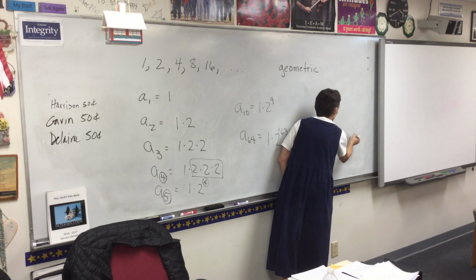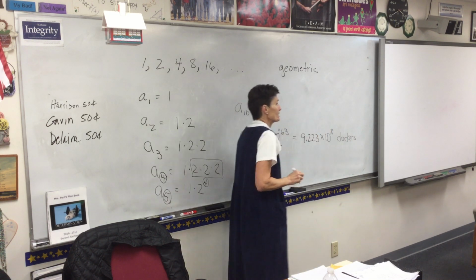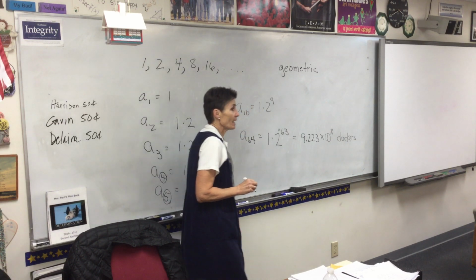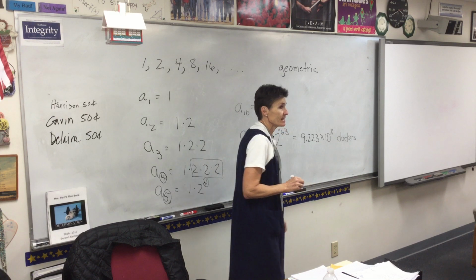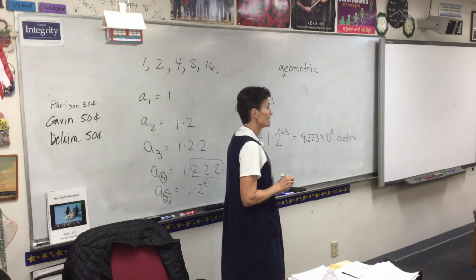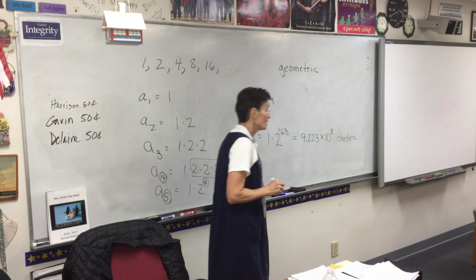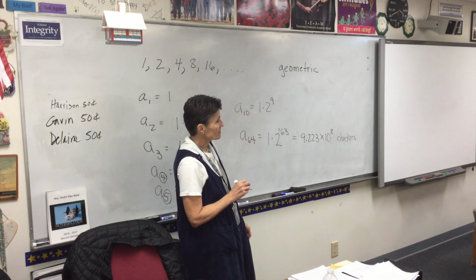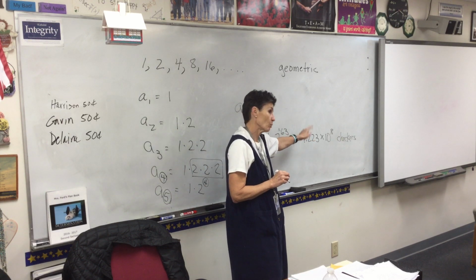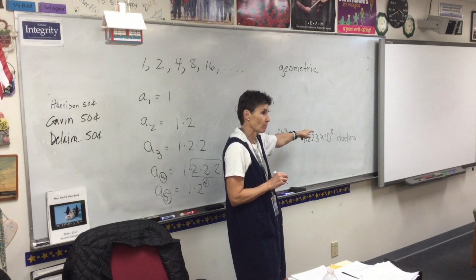All right, gang. That, my friends, is a big, big number. Keep in mind, a million is 10 to the 6th. A billion is 10 to the 9th. A trillion is 10 to the 12th. This thing is bigger than that, right? I don't know what that is, but there's some word for that probably. That's huge.